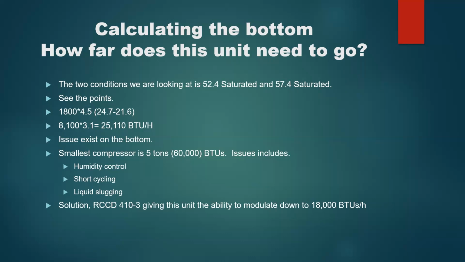Also, the 410-3 will give you the ability to maintain a saturated suction pressure and temperature on your coil. The higher you maintain it, the better off you are, as long as you don't go above dew point.